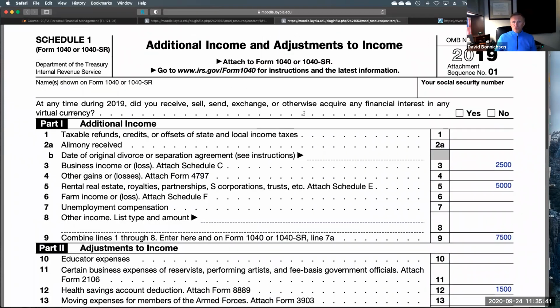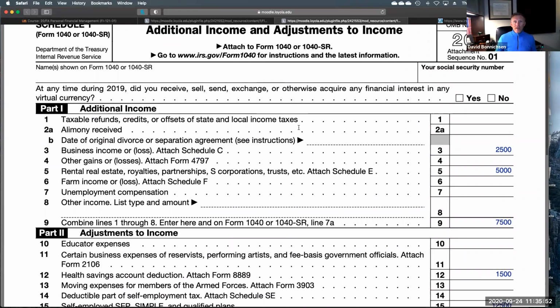Schedule 1 gives us information related to any additional income and then subsequently any adjustments to our income. So we know that we had some additional income from the Spencer family because it told us they had rental income in the amount of $5,000 and they had business income of $2,500.